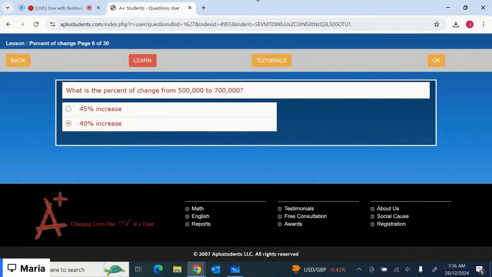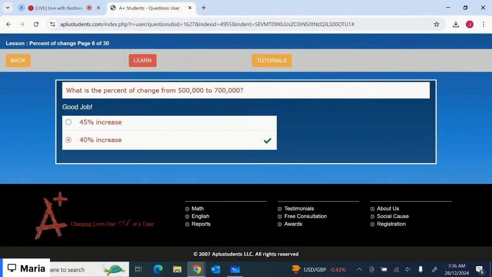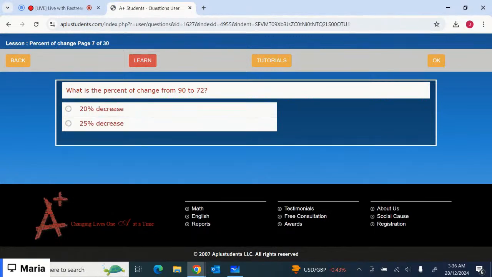That means 40% increase it is. That is an increase.